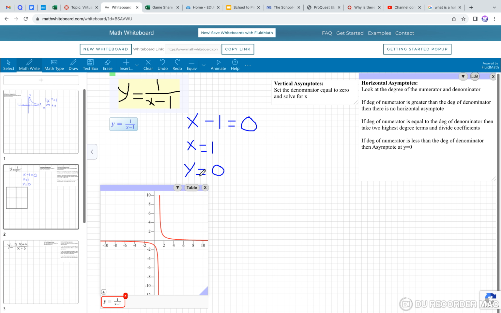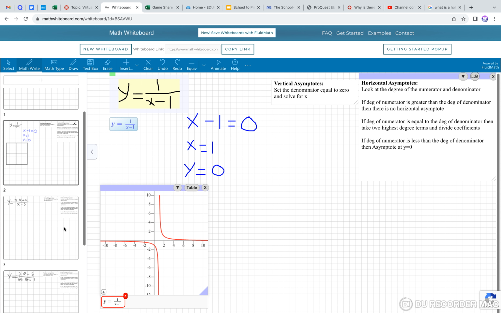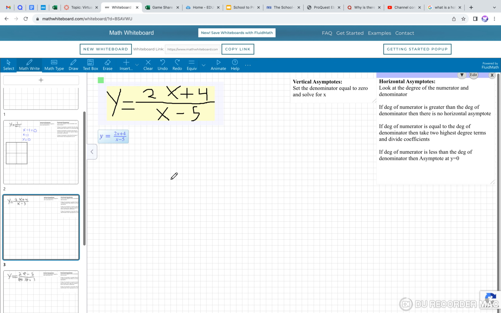And we said there should be a horizontal asymptote at y equals 0, which it appears to be so. We're going to do some other examples, and basically do both these tests and see what we find. Hopefully we can then do it without these boxes up top, and just remember how to find vertical and horizontal asymptotes.